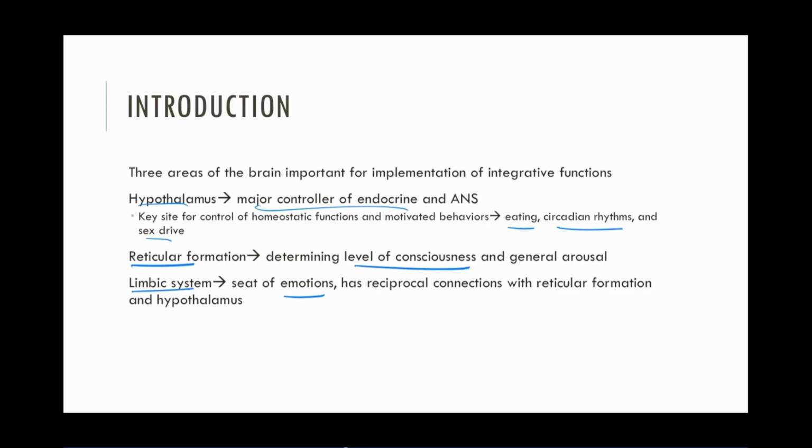It has reciprocal connections with the reticular formation and the hypothalamus, which is why when certain memories evoke a response, you may have an emotional response to that as well. Even though it's all in your head, you're thinking about it. Because the limbic system talks to the reticular formation and hypothalamus, you'll have a response to that.